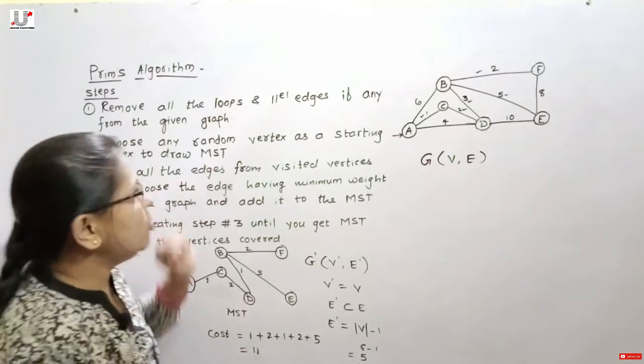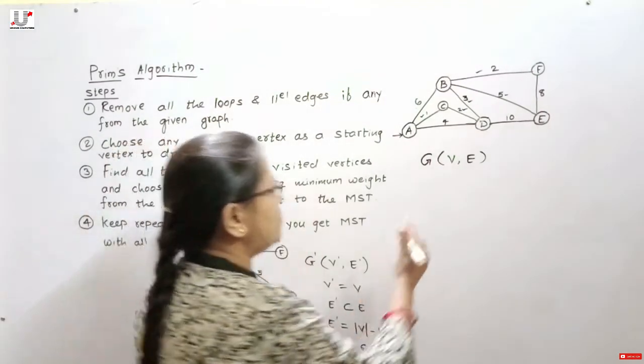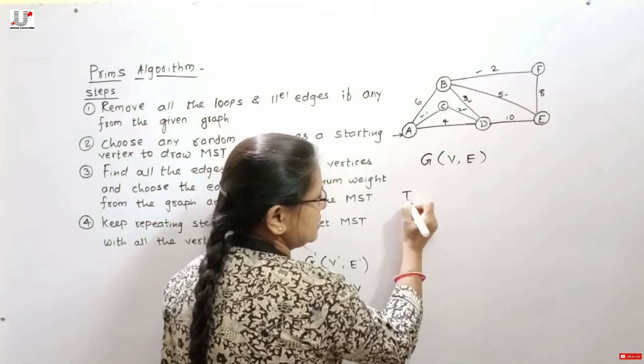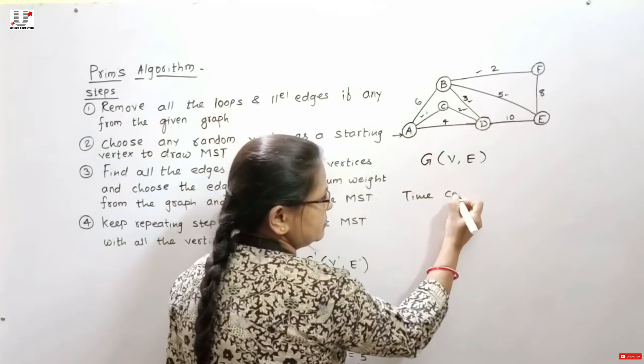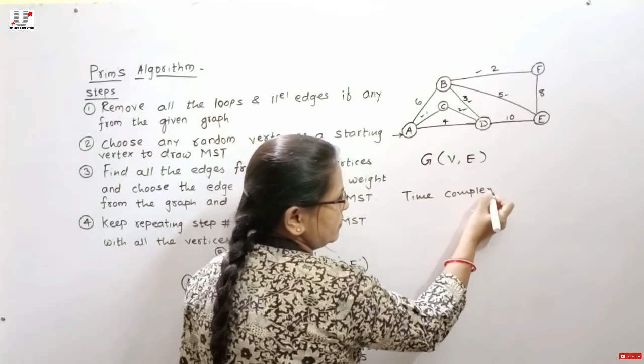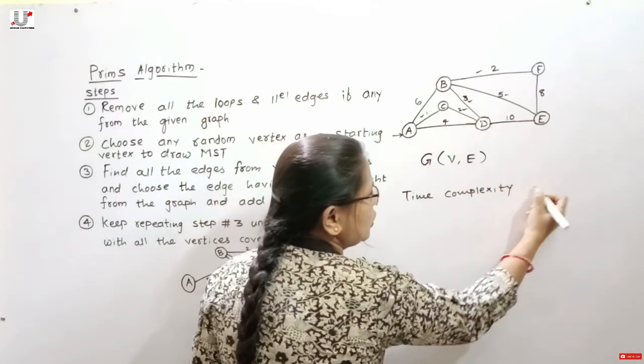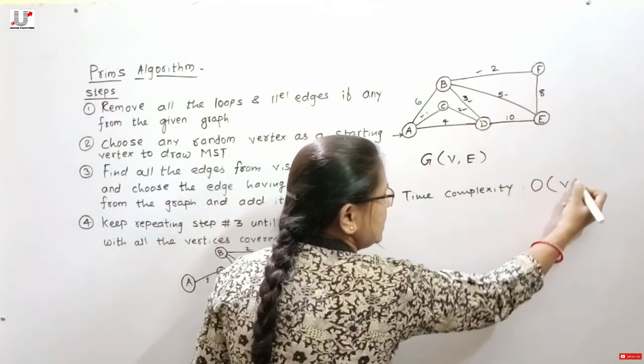Now the time complexity for this Prim's algorithm is big O of V squared.